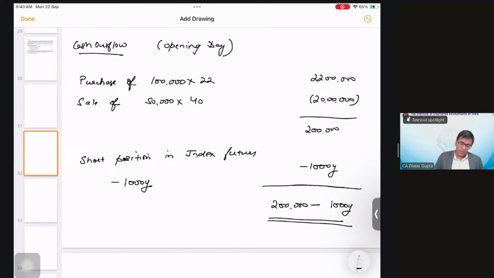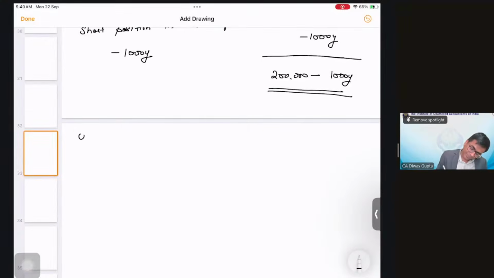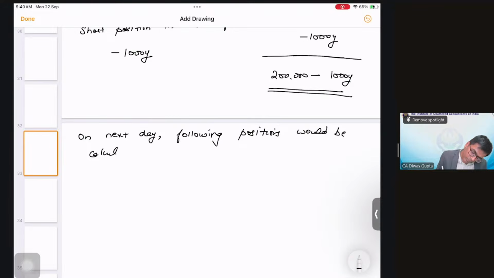Okay. On next day, following positions would be calculated. Okay. Which are, first of all, the sale of X Inc. will happen, right?